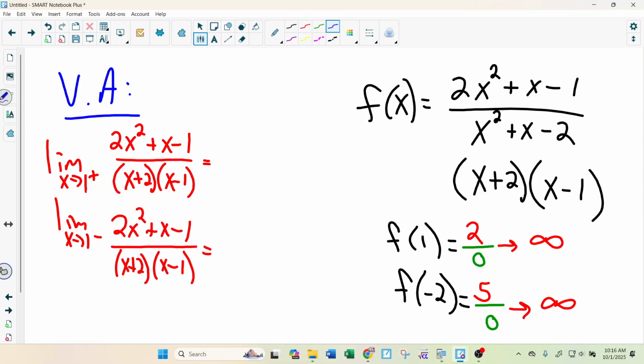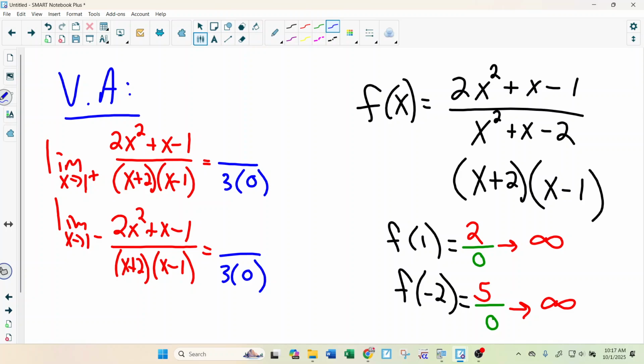So let's see what happens as we approach 1 from the right and the left. Well, we know the bottom of both of these go to 0. Now, let me change something to make sure we understand this. As you plug 1 in here, x plus 2 becomes 3. So this is kind of like 3 times 0 on the bottom.